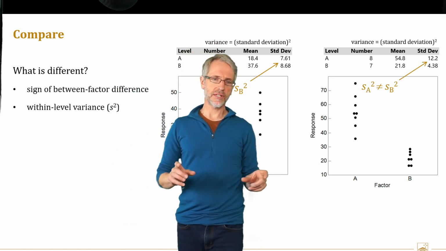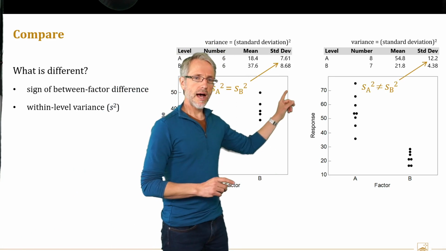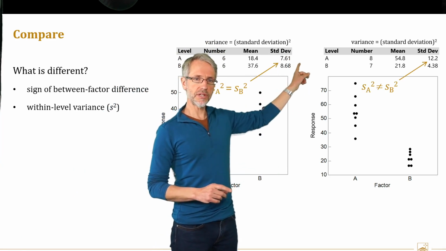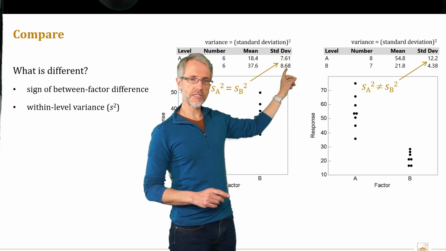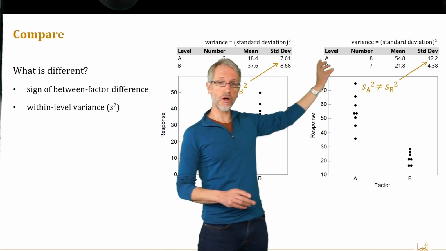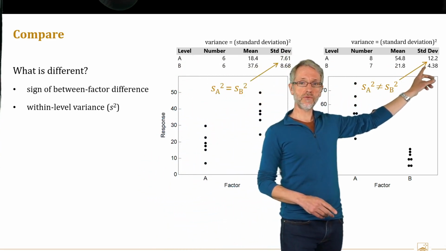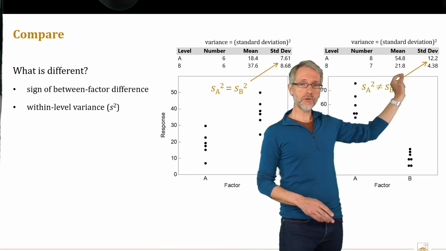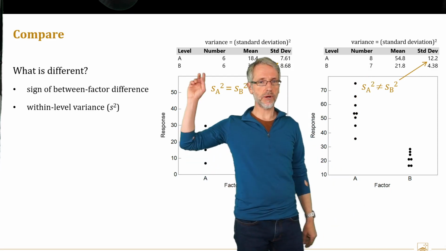But there is another difference, and let's have a look at that difference here. Up here, this table with the standard deviations, 7.6 and 8.6. Those two are pretty similar values. Over here, though, the standard deviation 12.2 and 4.3. Also different. The number of observations, 8 and 7 as opposed to 6 and 6.